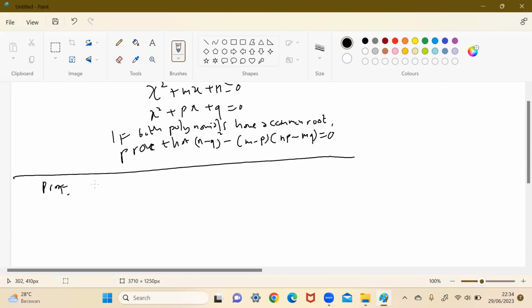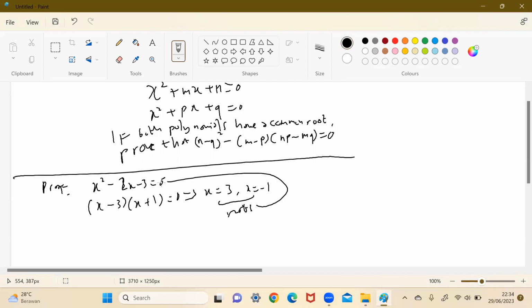For instance, let's start simple with x squared minus 2x minus 3 equals 0. The roots of this equation can be obtained by factoring it. So it's (x minus 3)(x plus 1), and then you have x equals 3 and x equals -1 as the roots of this polynomial.